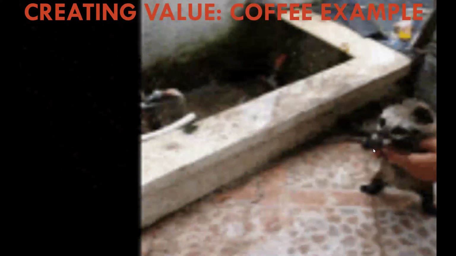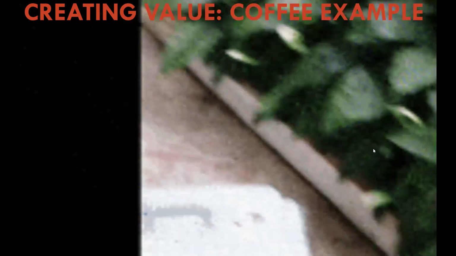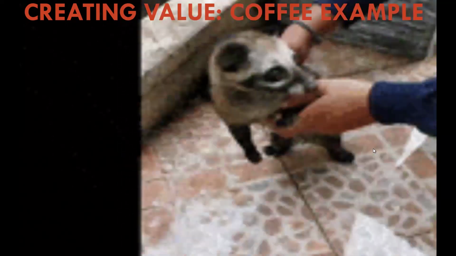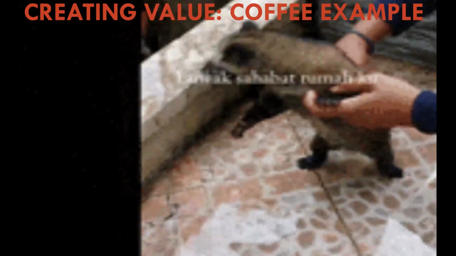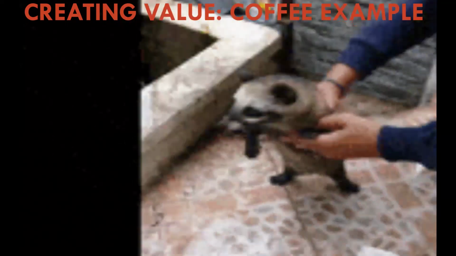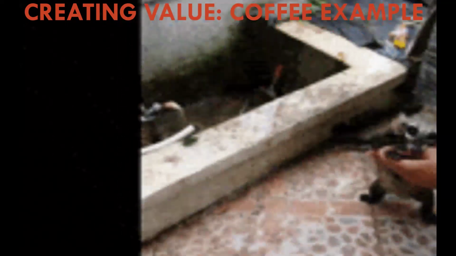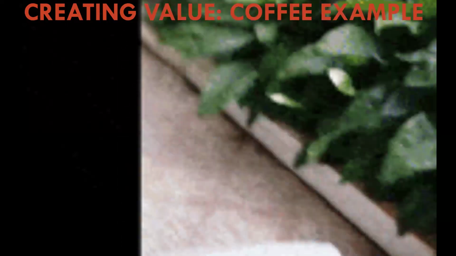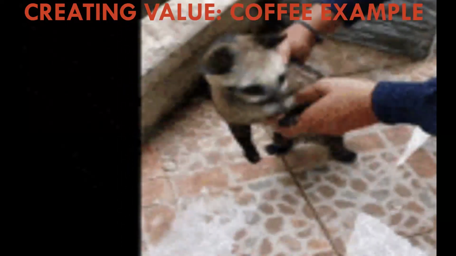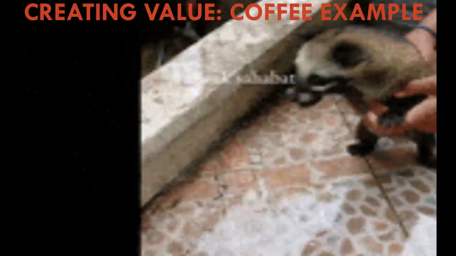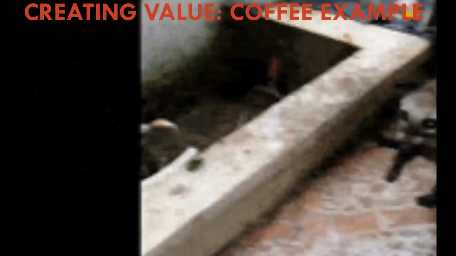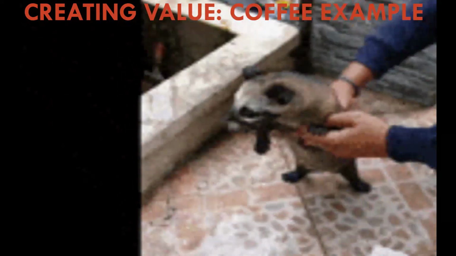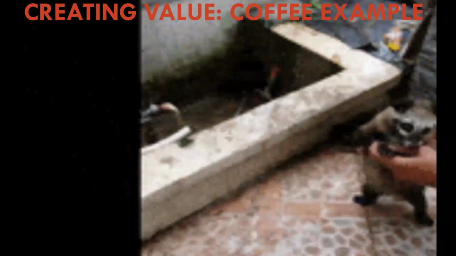This animal is called a civet, and it eats the ripest coffee beans because it has the sense to select the ripest of the beans. Then those beans go through the digestive process of this animal, and the beans are collected from the jungle floor. Obviously, they are washed properly, they go through a process, and then the coffee is made from those beans. And that makes that coffee very expensive.